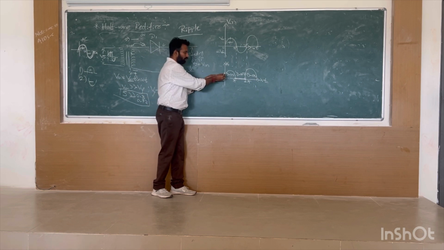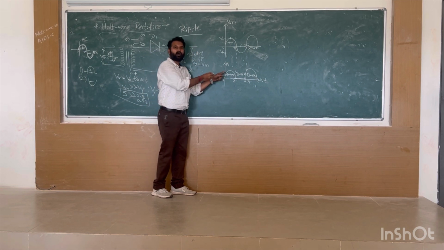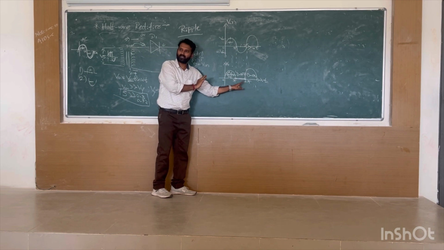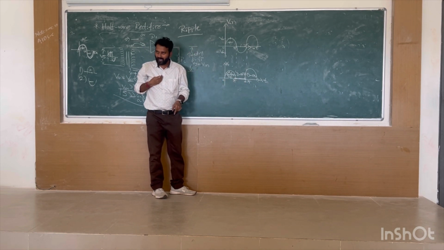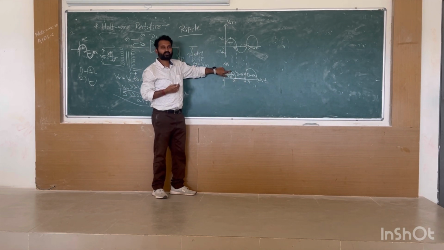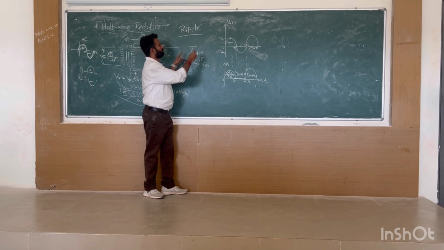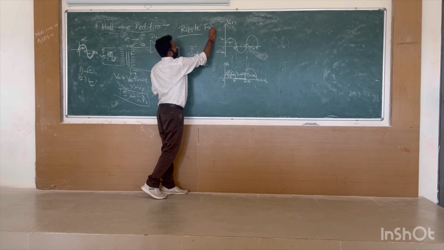Now I want to know how much ripple is there. This is a combination of AC and DC. This is not a pure DC. Now I want to calculate how much AC content is there. That can be defined as the ripple factor.